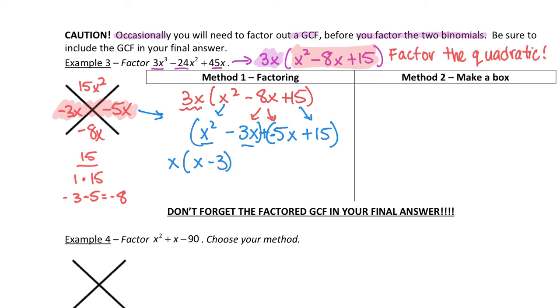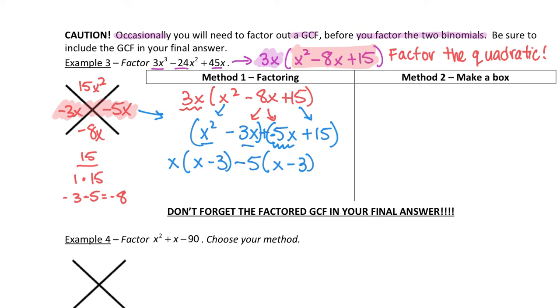And then here, because this starts with a negative, I'm actually going to factor out that negative 5, so minus 5, and then x minus 3. Now, let's review that. Why is this? Negative 5 plus x gives me negative 5x. Negative 5 times negative 3 is how I get the positive 15. So that sign needed to change there.